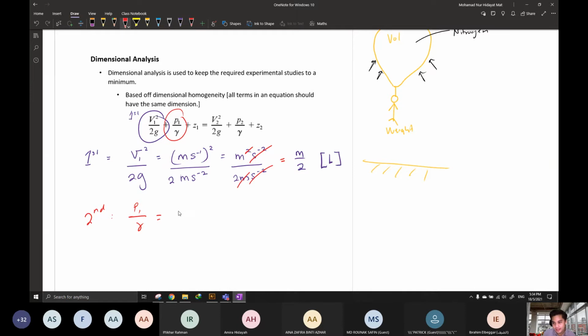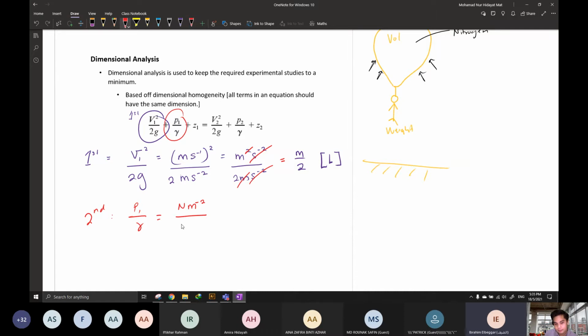Newton per meter square. Yes, perfect. And then divide with gamma, the specific weight. What's the unit of specific weight?